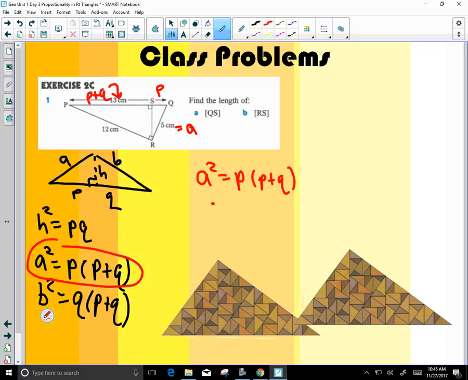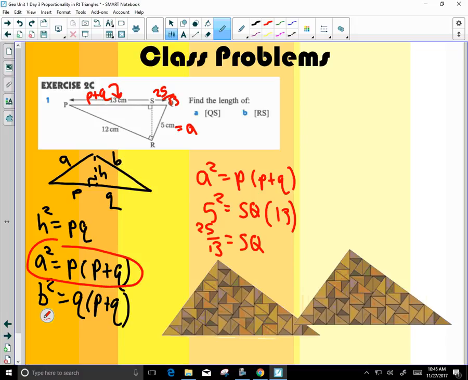A squared is 5 squared, equal to P, which is SQ, times 13, right? So SQ is just going to be 25/13 centimeters. So if that's 25/13, how are you going to find H or SR?